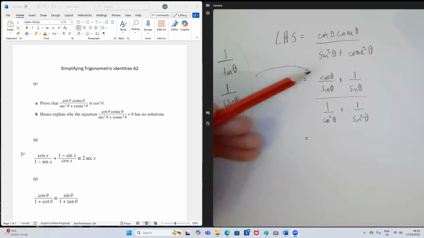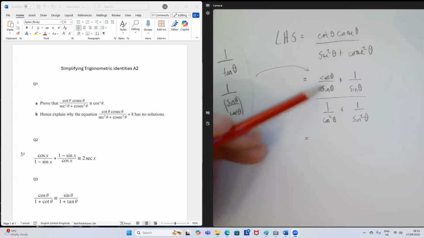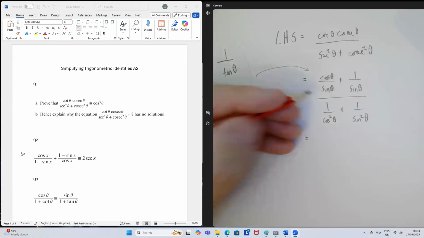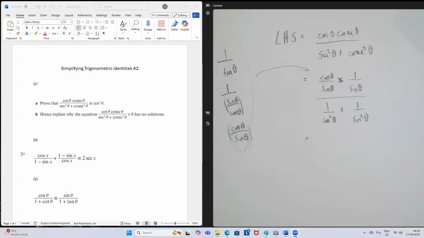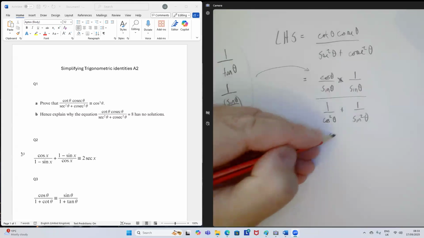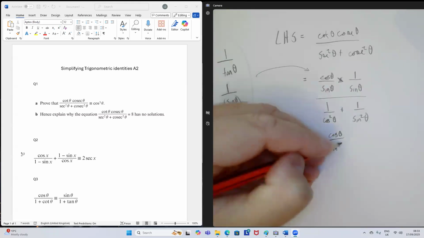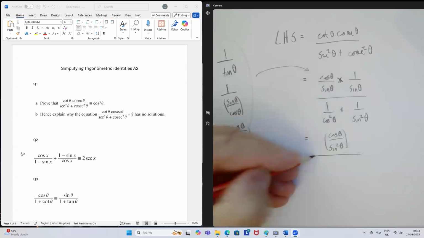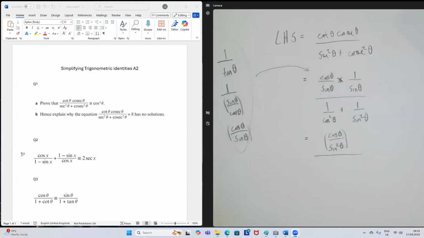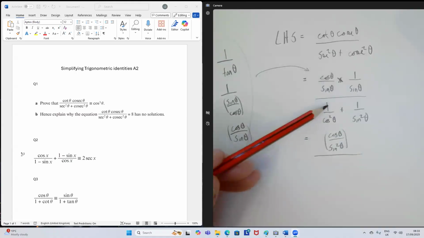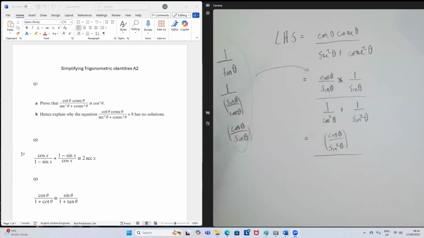Now let's look at our numerator. Our numerator is cos theta over sine theta, and that is times by 1 over sine. So that is cos theta over sine squared theta. So that's our numerator. Now, the denominator: whenever we've got something add something in the context of these trig identities, usually it's extremely helpful for us to combine into a single fraction.